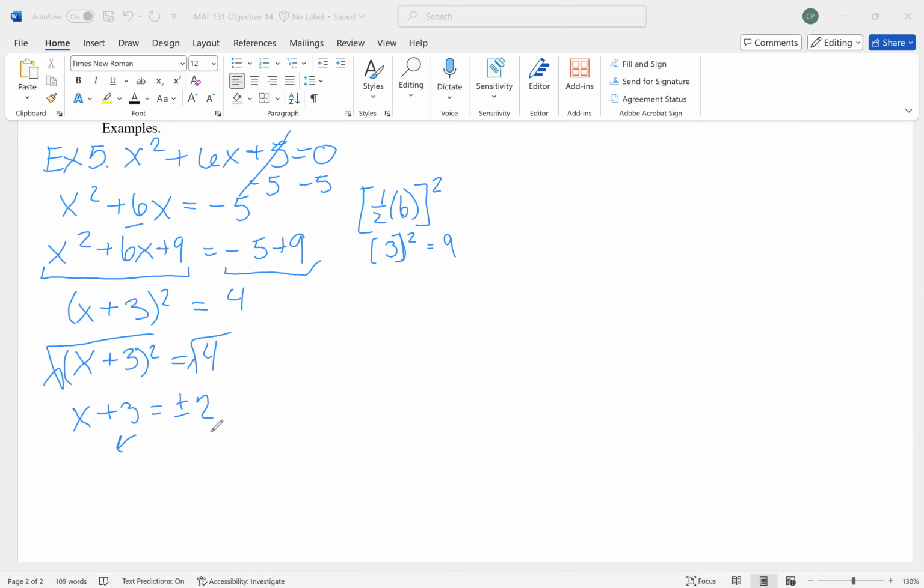When I break this into two problems, I'm going to have x plus 3 equals 2 and x plus 3 equals negative 2.